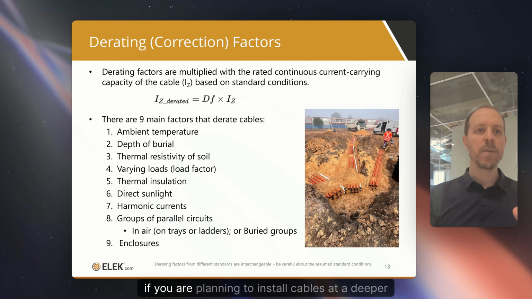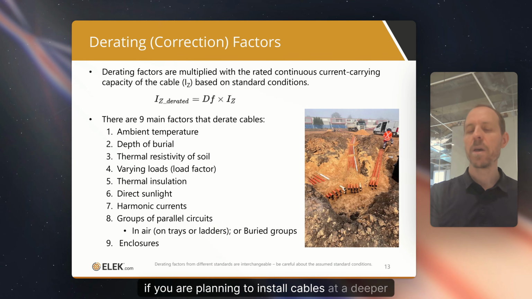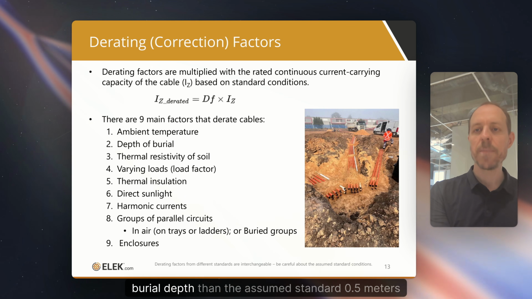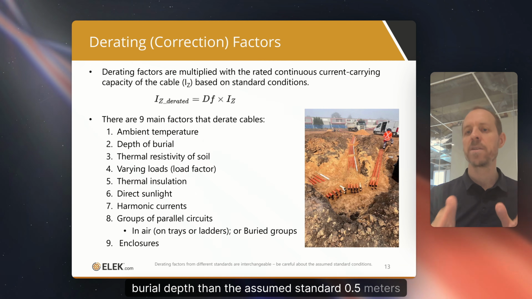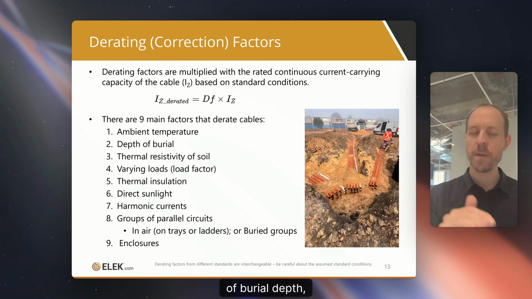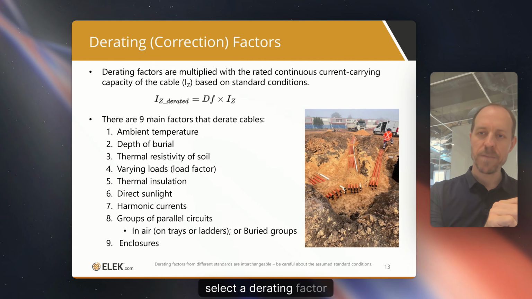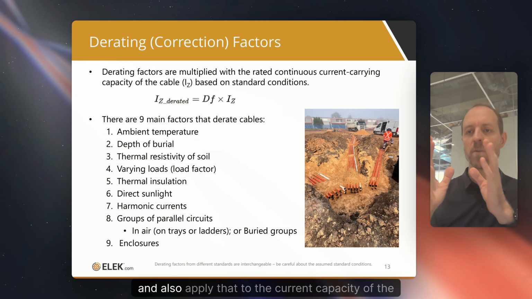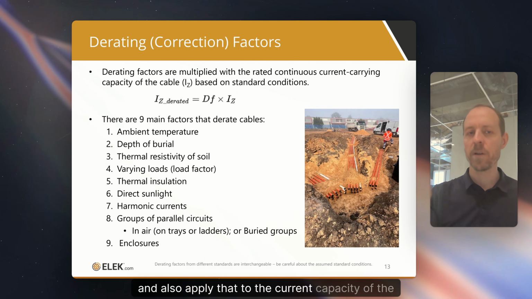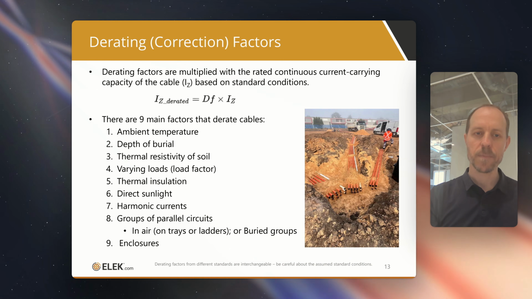Also, if you are planning to install cables at a deeper burial depth than the assumed standard 0.5 meters, you'll need to refer to the derating factor table, select a derating factor, and apply that to the current capacity of the cable.